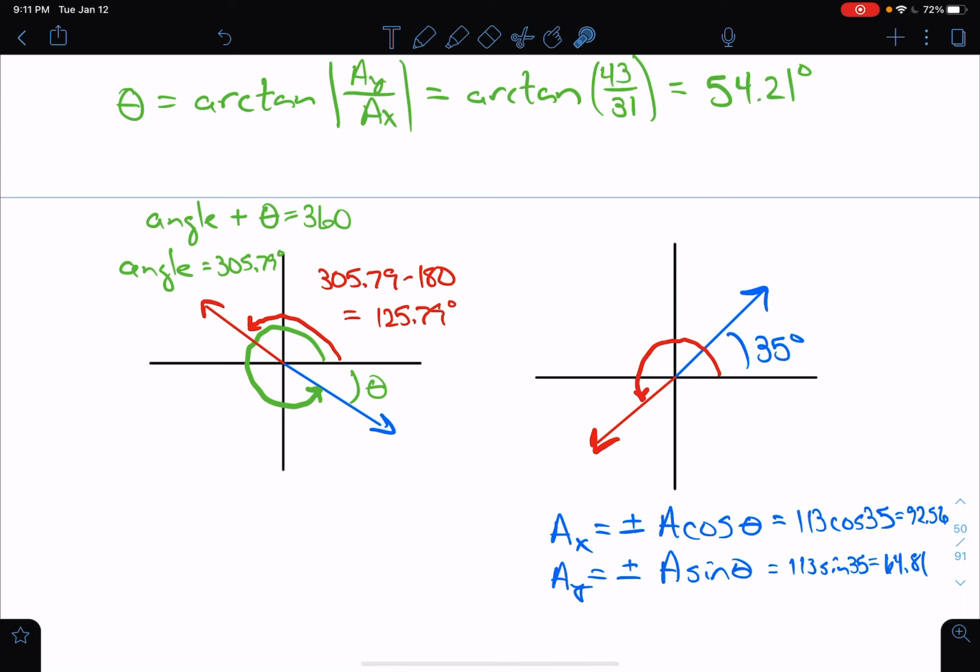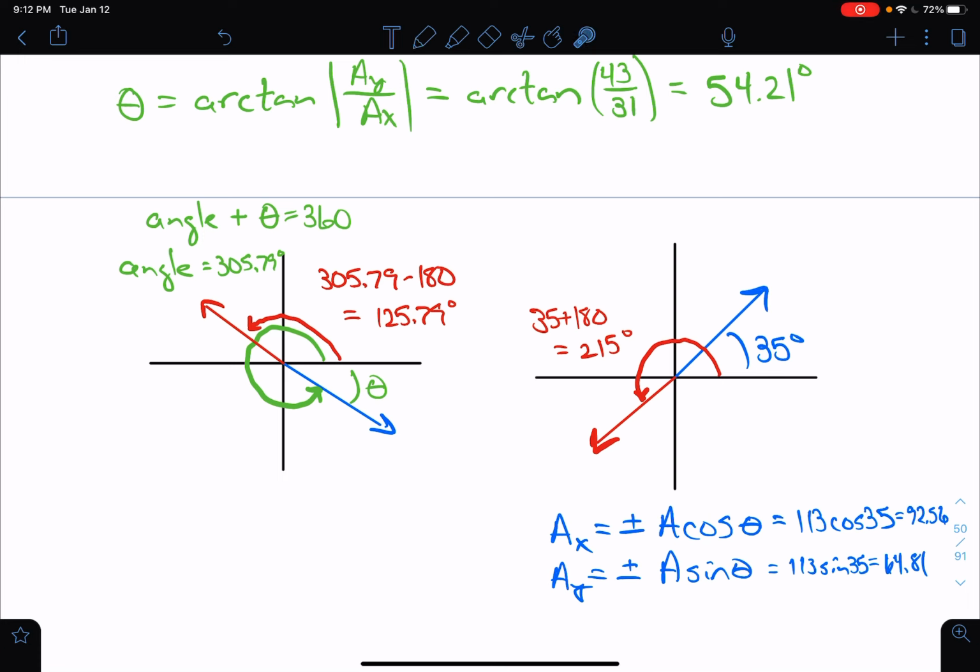And I think I neglected to mention it, but one of the reasons I subtracted here is because we can't have angles greater than 360. I could have added, but then I would have had an angle greater than 360. So here, though, I'm starting at 35. So for this case, I actually do want to add. So for this one, I'm going to take 35 plus 180, which of course is 215 degrees, which of course does put me in the third quadrant as expected.